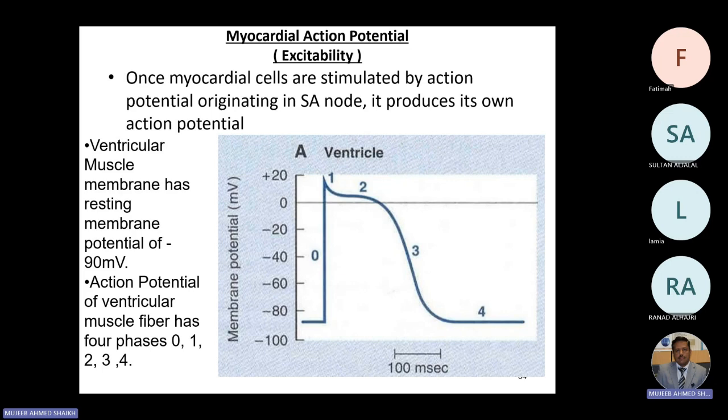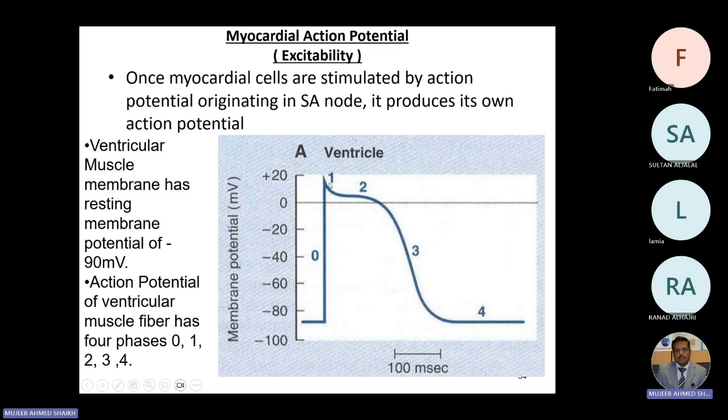Okay, now these are the phases of ventricular muscle action potential. Once the ventricular muscles get depolarized, it will have a zero phase, that is complete depolarization, going from resting membrane potential of -90 to reach +20.